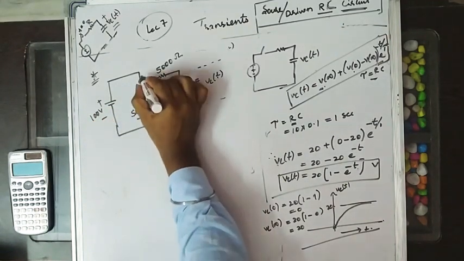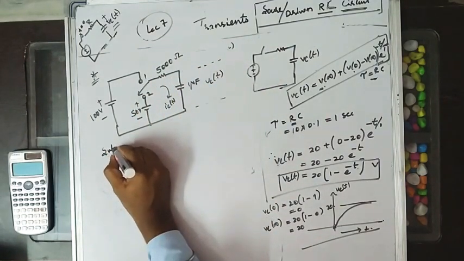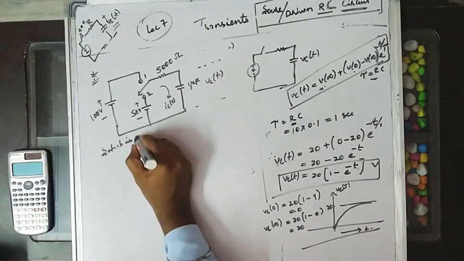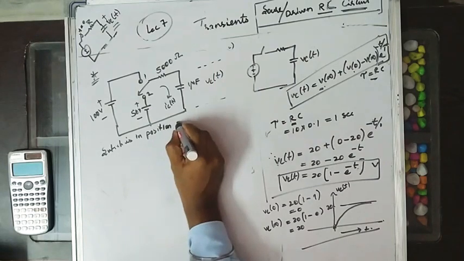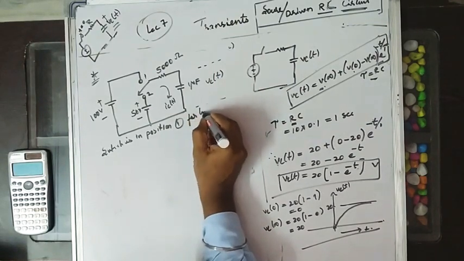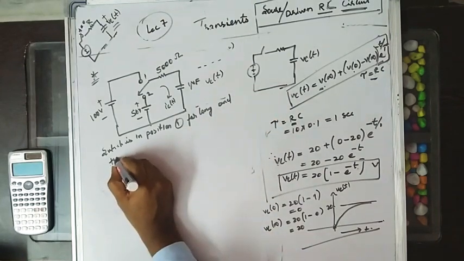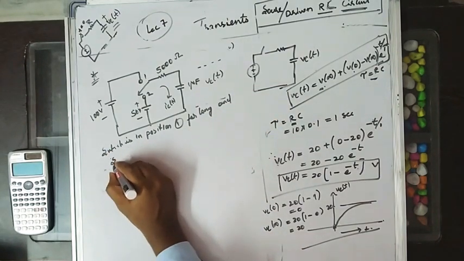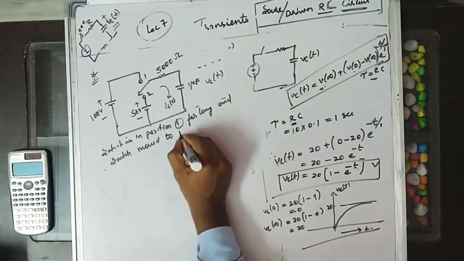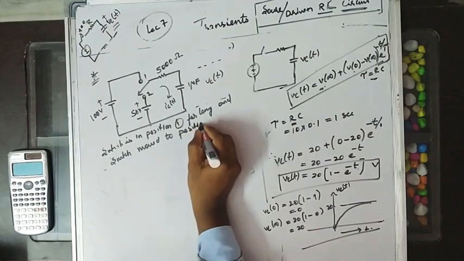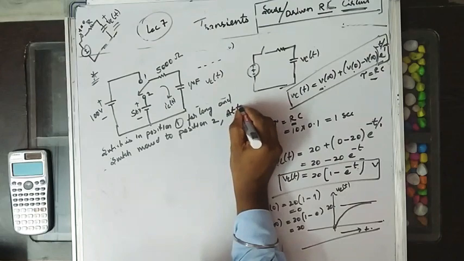Okay, now the question is, the switch is in position 1 for a long time, and then we transfer the switch and move it to position 2 at t equal to 0.